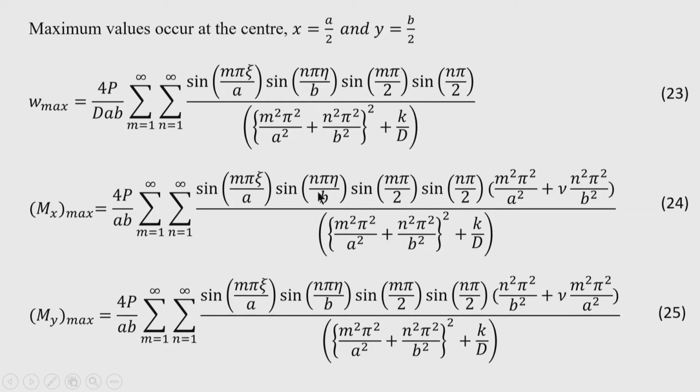if the deck slab boundary condition is taken as simply supported. In the bridge design handbook, charts are generally given for bending moment coefficient in x direction and y direction, and in this chart you will get that the bending moment expression is similar to the expression that we have discussed here, that is the curvature in two directions are taken into account, but these expressions in the handbook were obtained using the simply supported boundary condition.